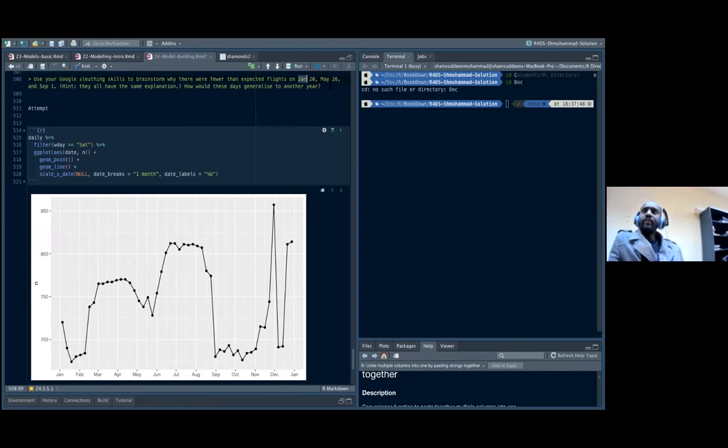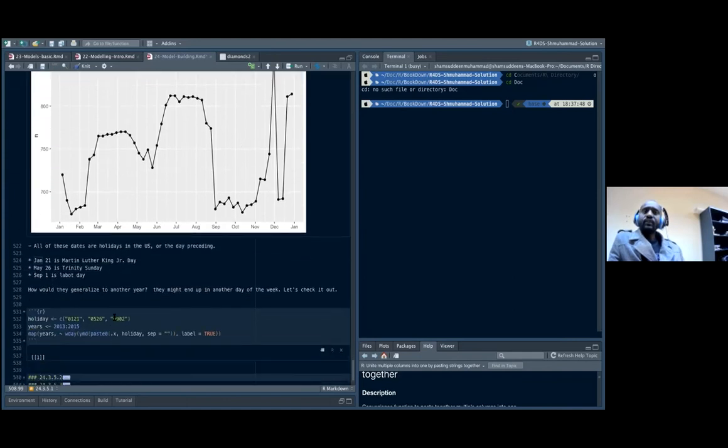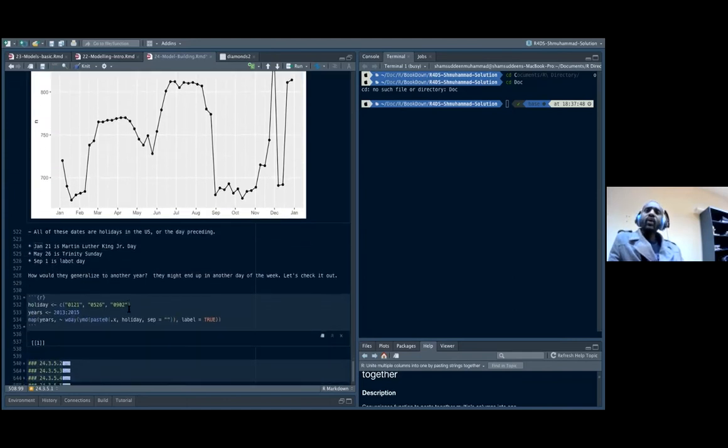So yeah, and May 26 and September 1. So let's see. They ask how can we generalize? So let's see what will happen these days in the next year calendar, maybe 2014, 2015, in which date they will fall.